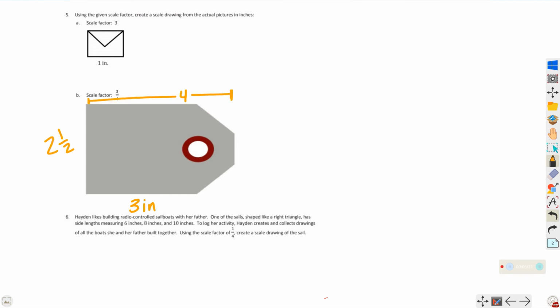We are going to take those 3 dimensions and scale them by a scale factor of 3/4.